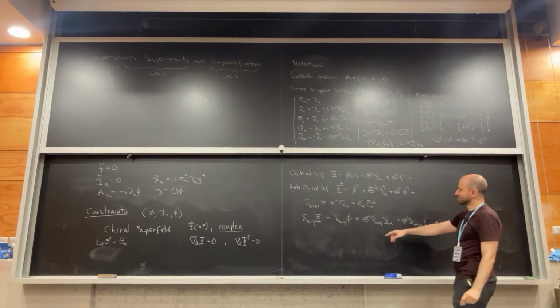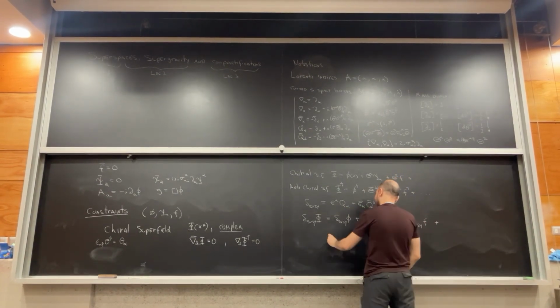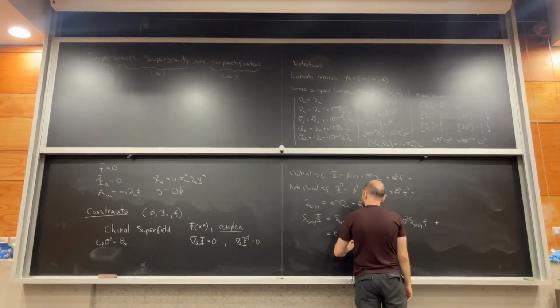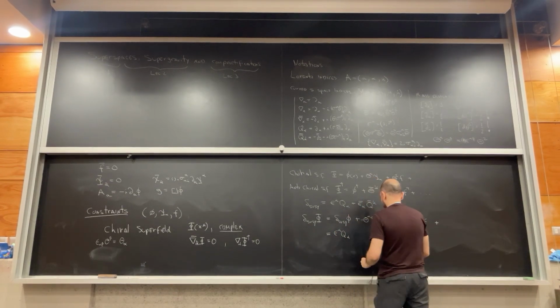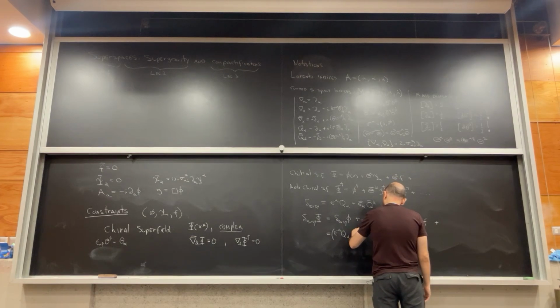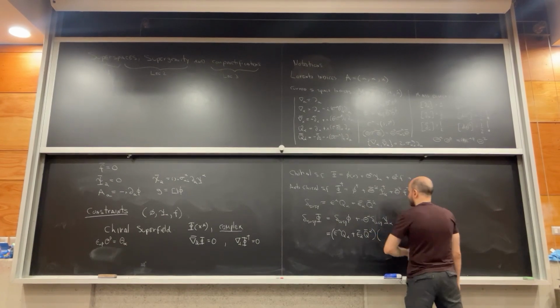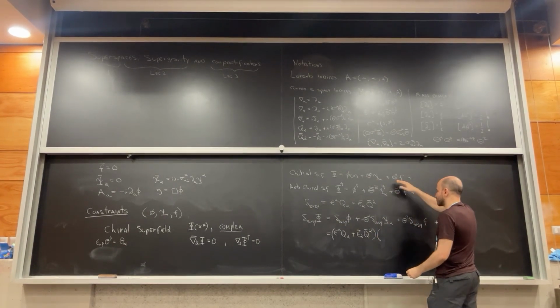So now is the time to use this as a differential operator. So I write epsilon Q alpha, epsilon bar alpha dot Q bar, acting on my superfield, writing only the first three components.